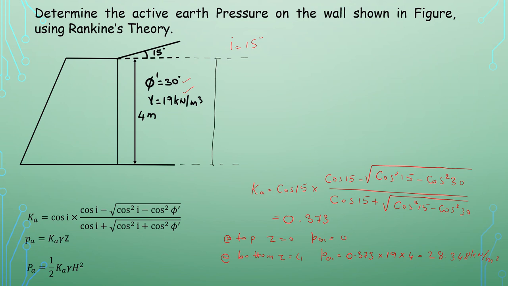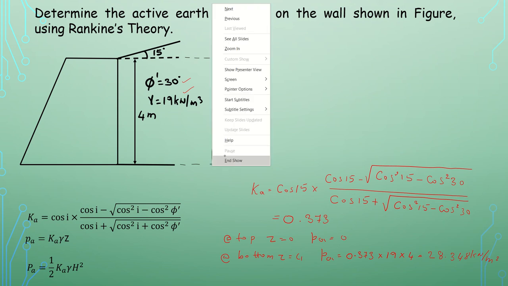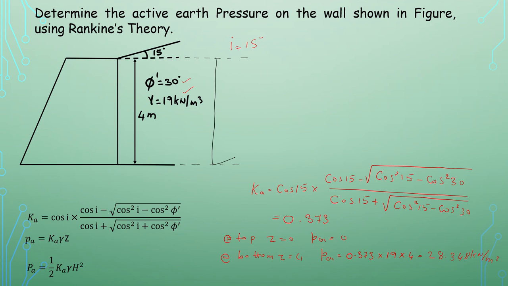Here this also will be at an inclination like this. This is how we are going to get it. And this value is 28.348 and here it is 0.